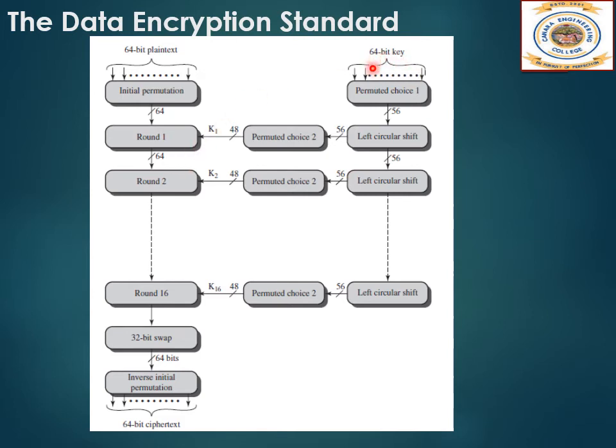So here we start with the 64-bit key. Then after permuted choice 1, we get 56 bits. Then a left circular shift is performed. Again a 56-bit key is produced. Then permuted choice 2 is applied and a 48-bit key is produced. So this is how in every step a subkey is generated for all the 16 rounds.